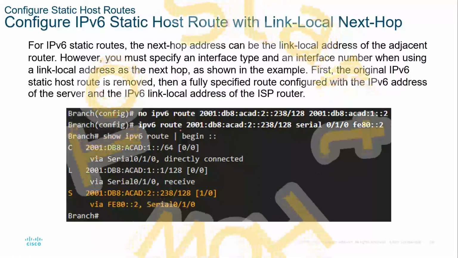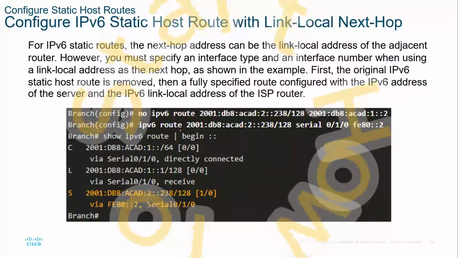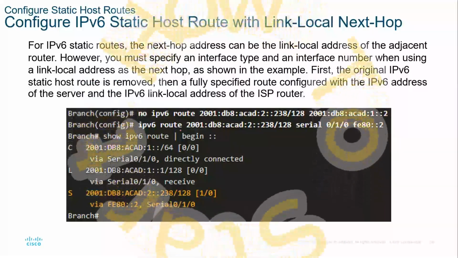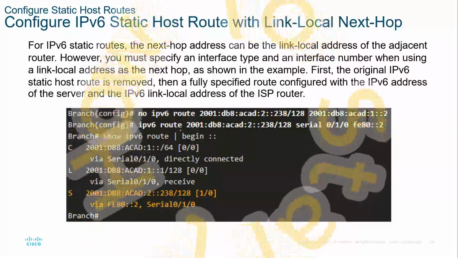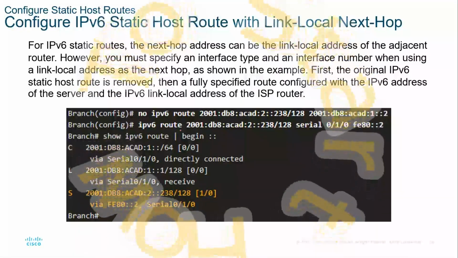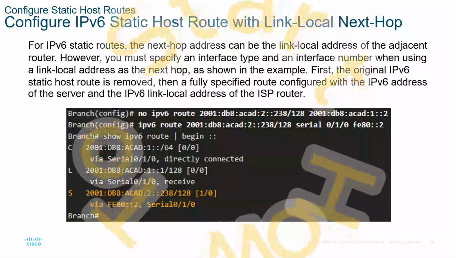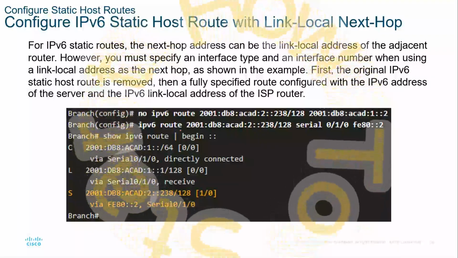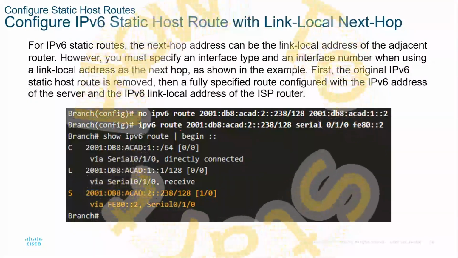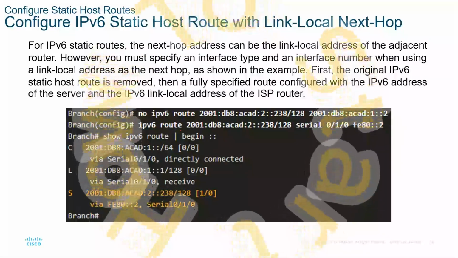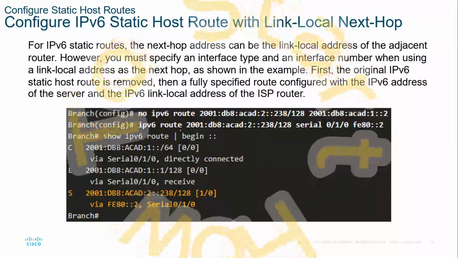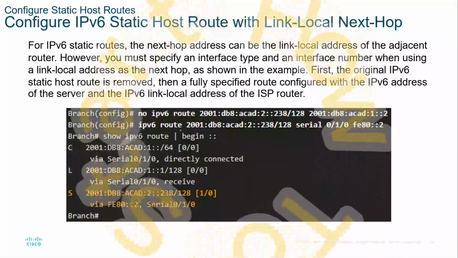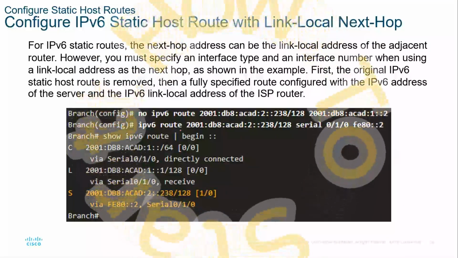So it would be no ipv6 route destination IP and prefix next hop IP address, and we would replace that with ipv6 route destination or the matching address with the appropriate prefix, and then we can say what interface or what link local address. If we're doing a link local address, it is normal that we do an exit interface also. That way, if we have multiple link local addresses and they're matching, we know which interface they should actually be leaving.